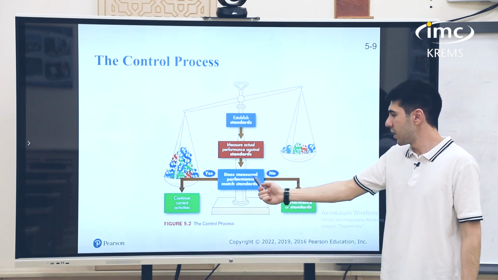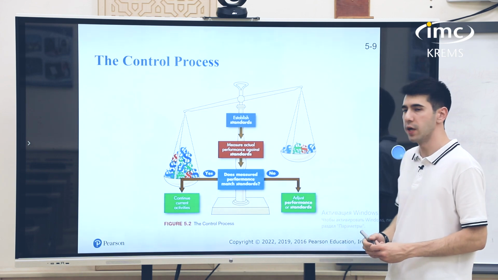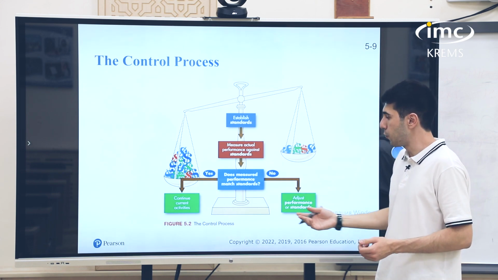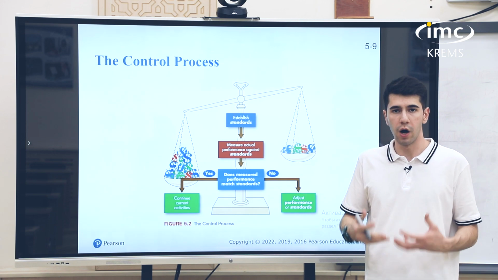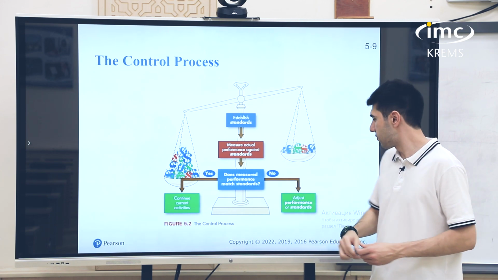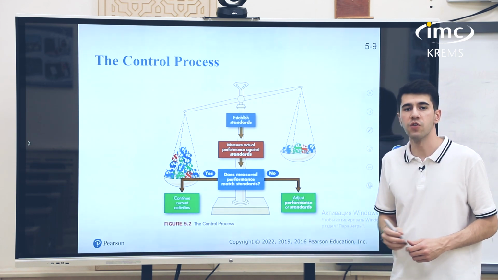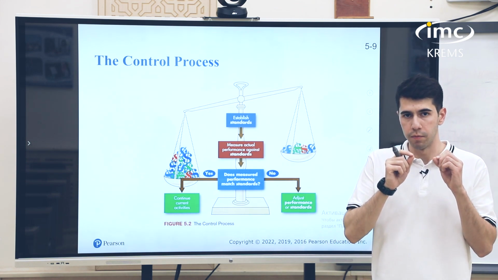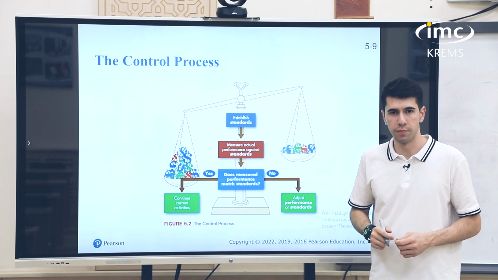If we measure performance and it matches our standards, we answer a question: yes or no. If it's yes, we continue our current activities and follow our strategy and standards. If it's no, you have to adjust the performance. What does it mean, adjust? In this case, we have to know what the key problem is in the whole standardizing process.